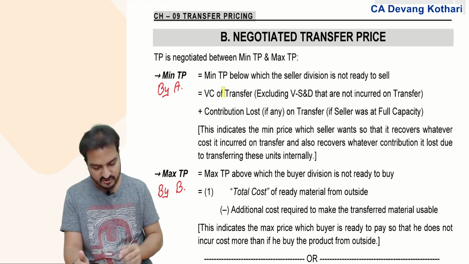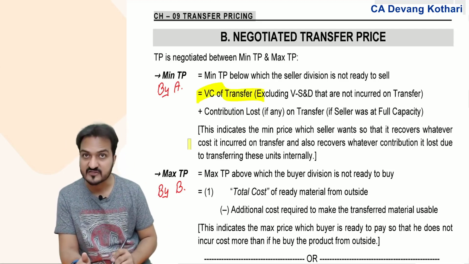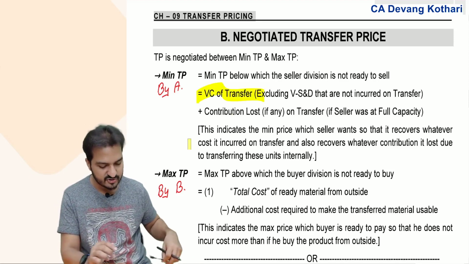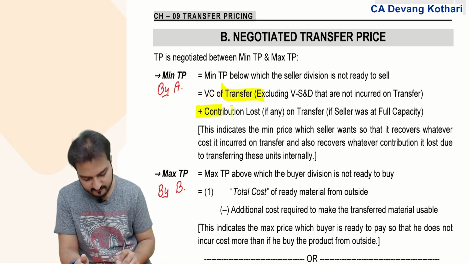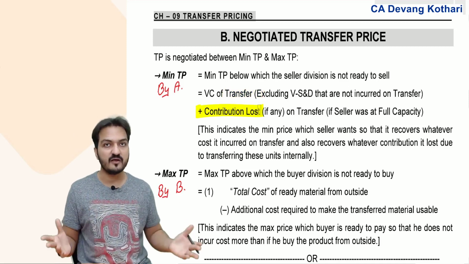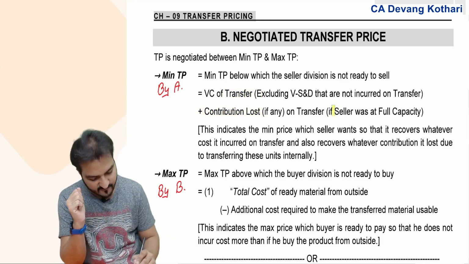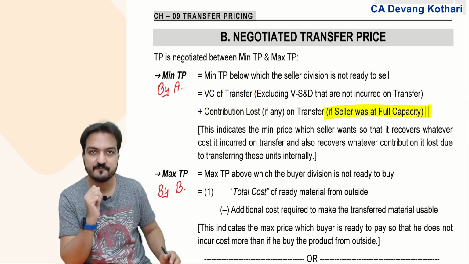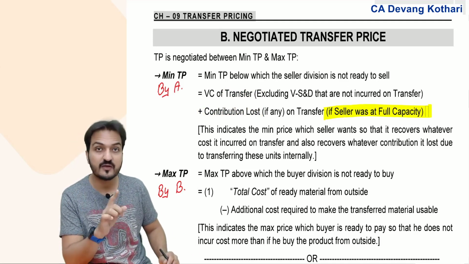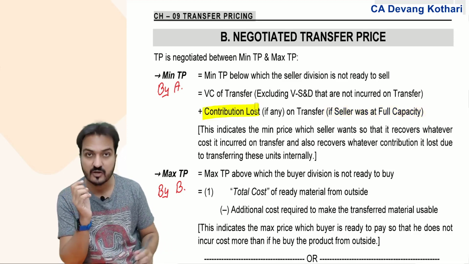Done? Yes. So minimum TP is the variable cost of transfer plus contribution lost if any. Now what does that mean, if any? Well, if my seller division is working at full capacity, then it might incur some contribution lost.